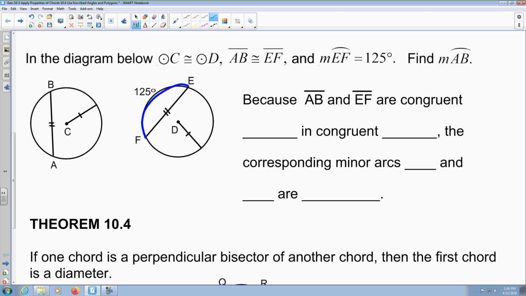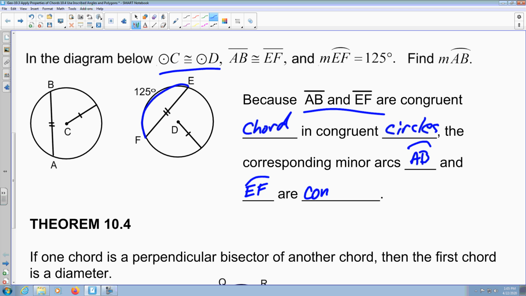Because AB and EF are congruent chords, and the circles are congruent, which makes sense because they told us that, we can say that the corresponding minor arcs AB and EF are also congruent. Since they're congruent, the measure of AB is also 125 degrees.